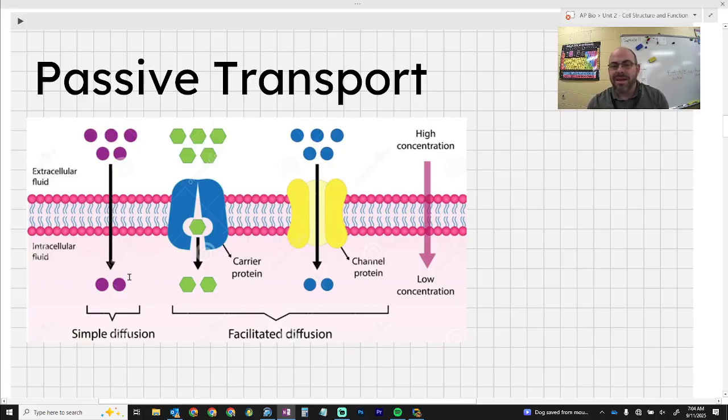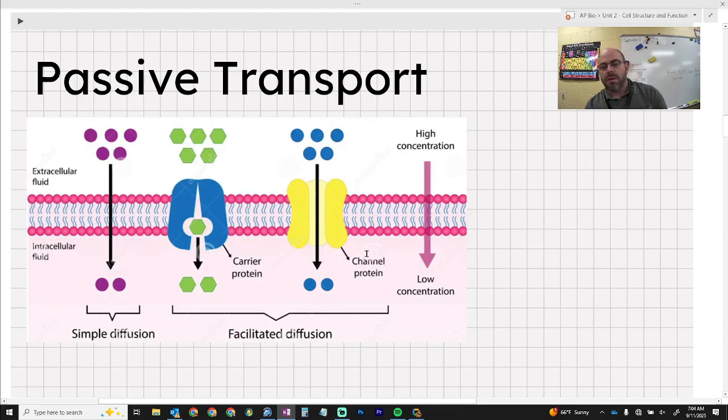Diffusion doesn't necessarily require a membrane. We're going to look at some examples of that, but we usually are talking about a membrane when we're talking about passive transport because we're talking about transporting materials in and out of a cell.